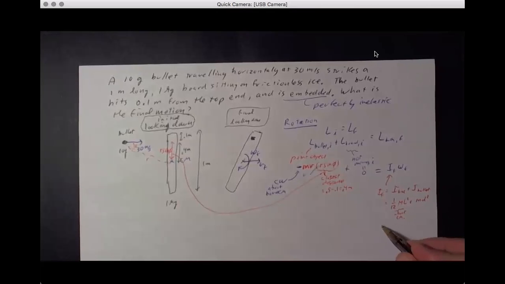But if we do take that, this is 1/12, 1 kilogram, 1 squared meters squared plus 0.01 kilogram times 0.4 squared, and that's 0.083 plus 0.0016.